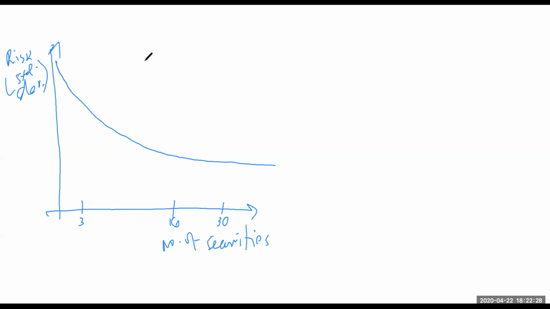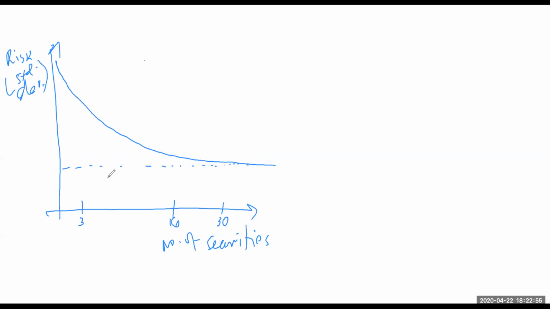However, we have mentioned that there is some risk that you cannot diversify, the so-called systematic risk. It is not pegged on the number of securities. That is why our curve is sort of coming to a plateau here.